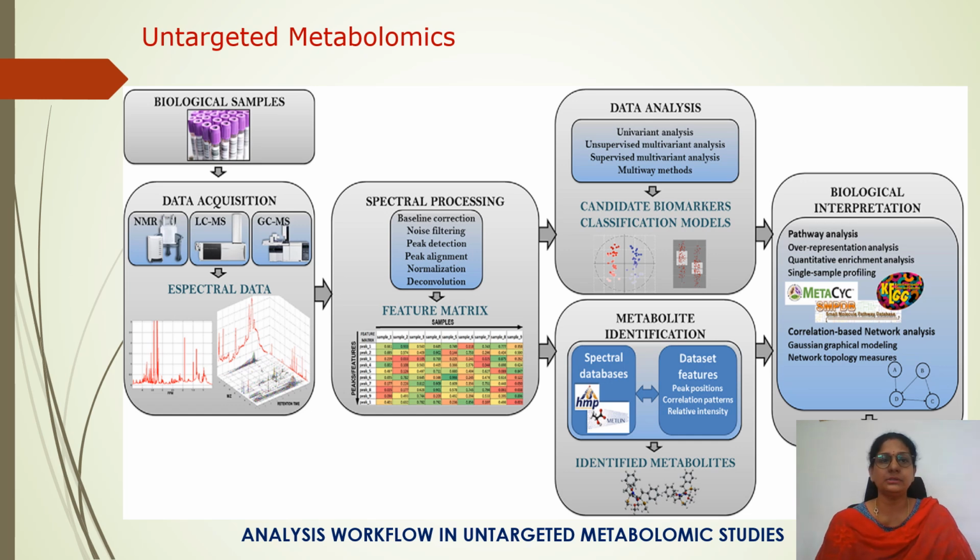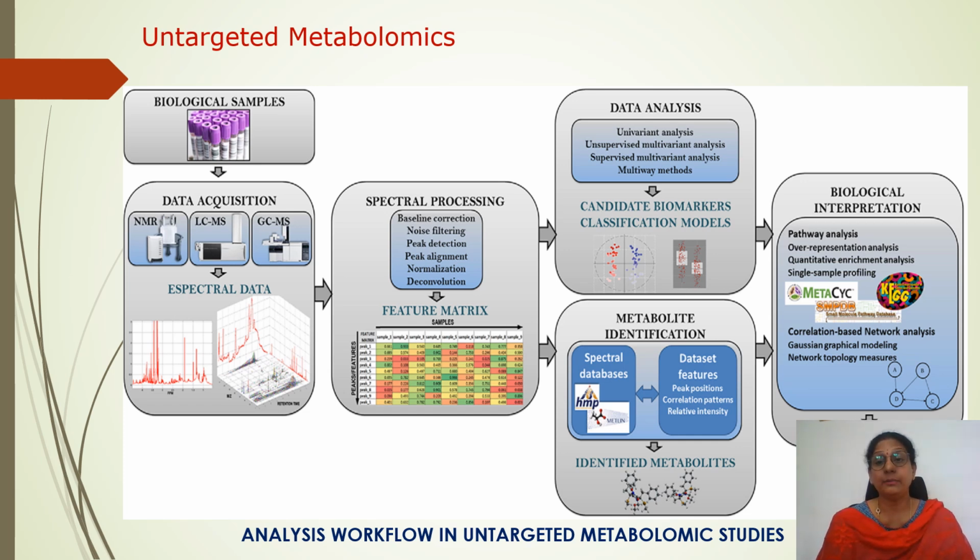And I want to focus on untargeted metabolomics because they are relative, they are hypothesis generating, and it has wide applications. So this is the flow of untargeted metabolomics, right from collection of biological samples from the human body, and data acquisition, which is very important. What kind of analytical tools can we use for data acquisition? For example, NMR, nuclear magnetic resonance spectroscopy, LC-MS, GC-MS, and we can generate the spectral data.